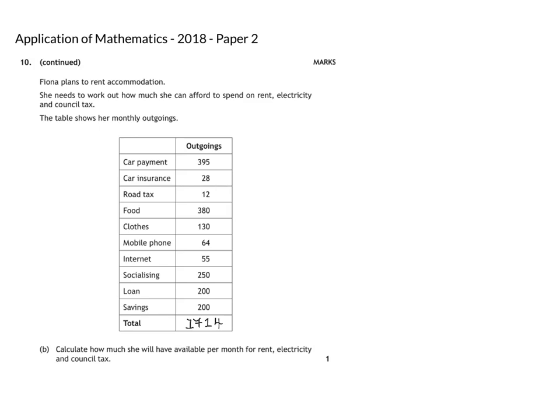So available for her rent is going to be that £2,429.31, and we're going to take away the 1,714, and we get that she has £715.31 available for rent, electricity and council tax.